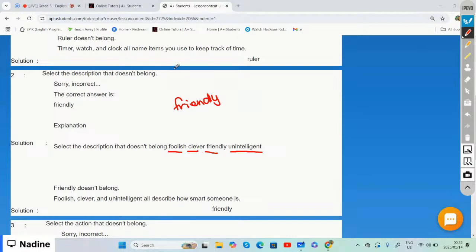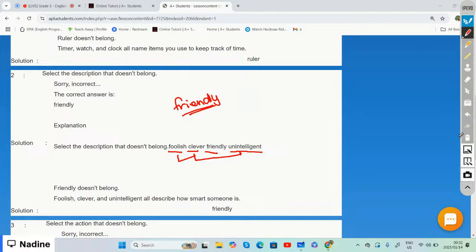So friendly is not related to words like foolish and clever and unintelligent. Foolish, clever, and unintelligent are words that basically describe how smart someone is. It's either you're extremely smart or you are not so smart.